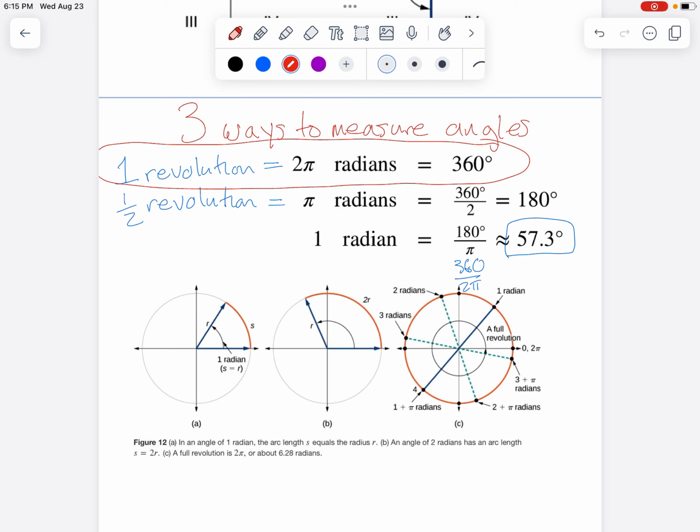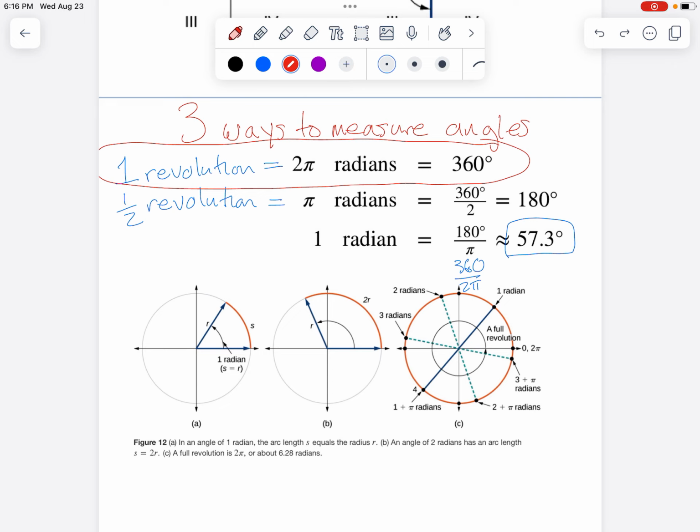It's 2 pi radians because on a circle with radius 1, the distance around is 2 pi. And so one revolution we will just say is 2 pi radians. And so 1 radian is the length of the arc.